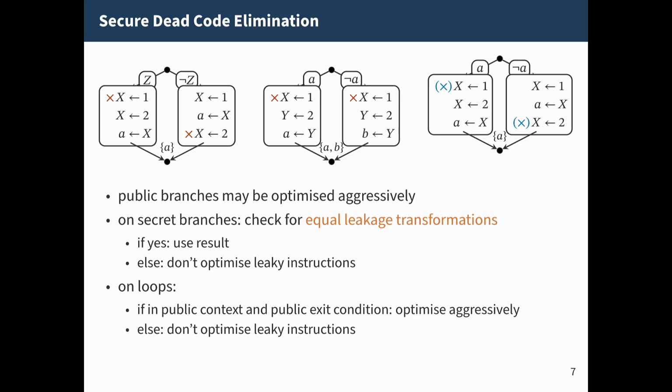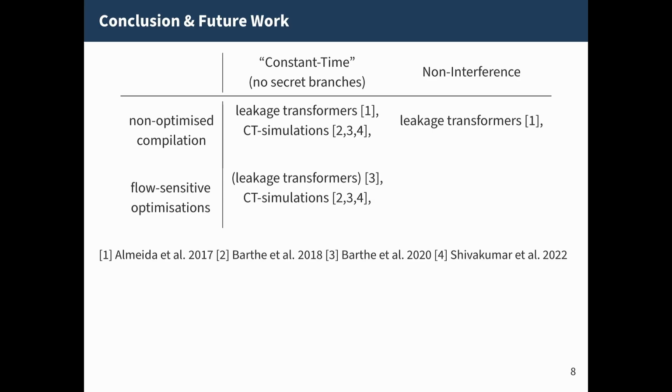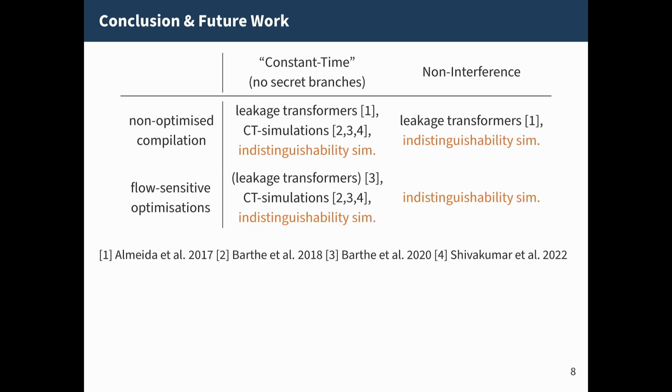So there is nothing to do there. Now let's conclude this talk. We have this picture from before. Our technique of indistinguishability simulations works in every case here and fills this gap.